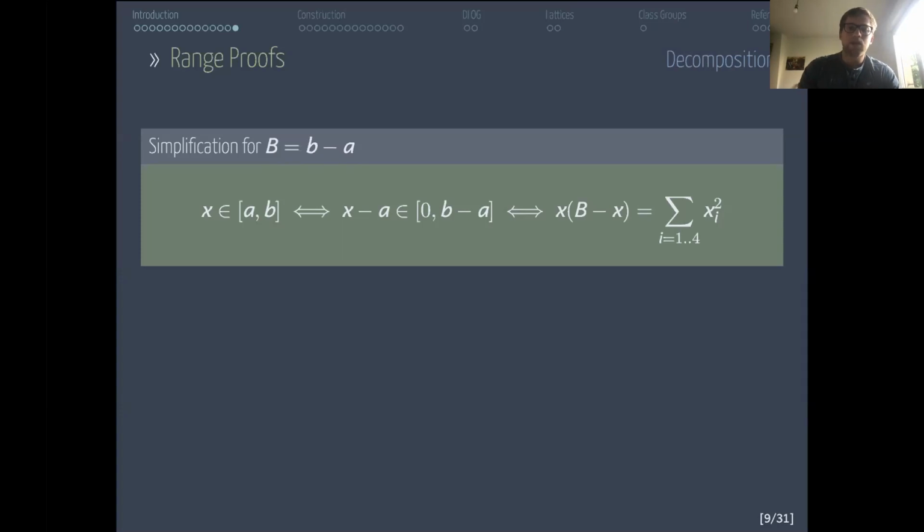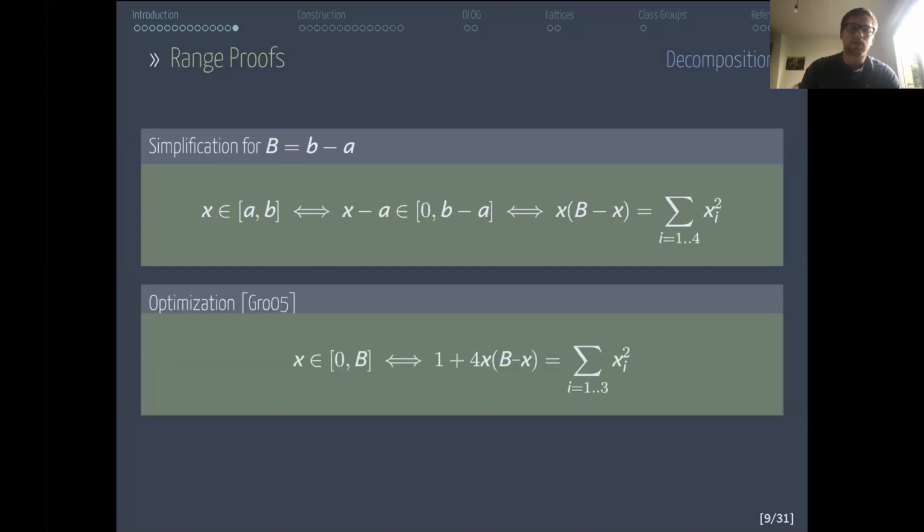And again, if we have equality, then the right side is non-negative, and we have shown that x is in the range, essentially.